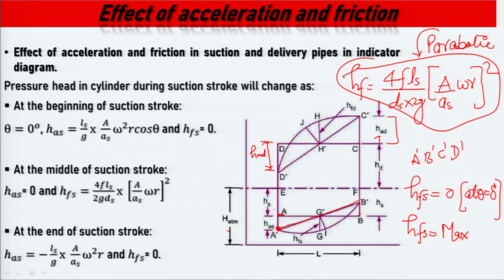So, at this point it is 0, at the mid-point it is maximum, and then again 0. If you see, the nature of this is parabolic, and this one is the HFS.